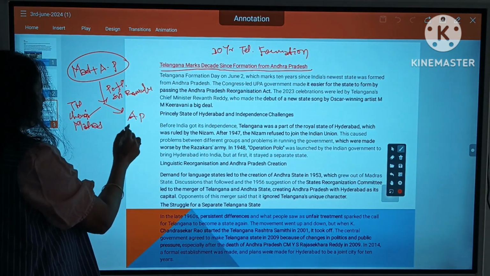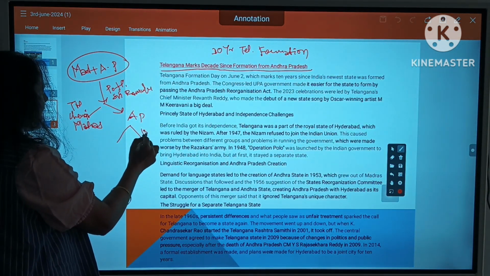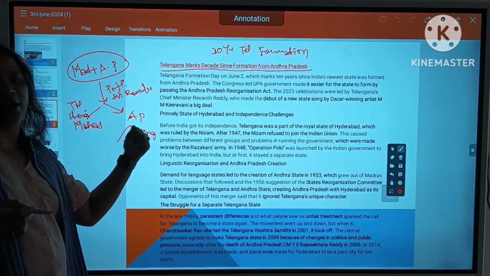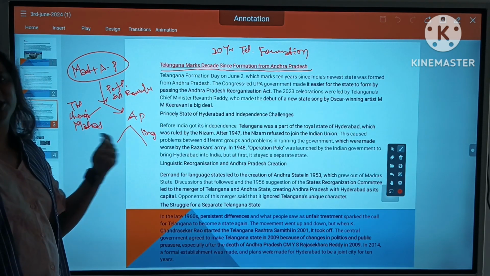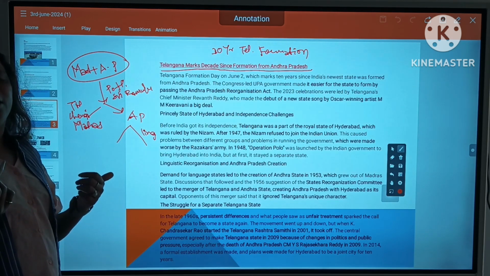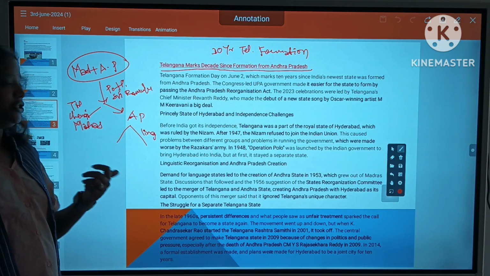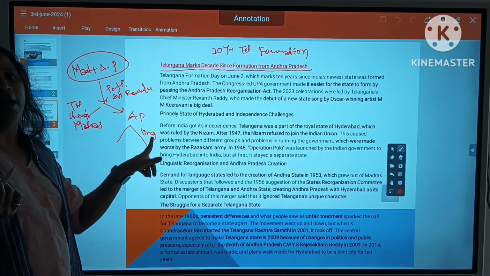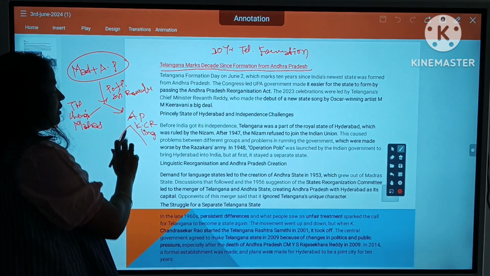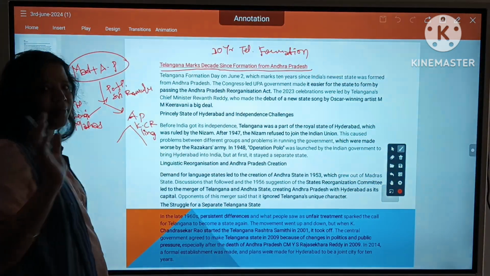So in Andhra Pradesh, now again on linguistic basis, language basis, after AP formation, all Telangana people's sentiments were hurt because they were not getting any priority due to their language and culture. So they felt that, and under KCR, K. Chandrasekhar Rao, they made an agitation to form a separate state.